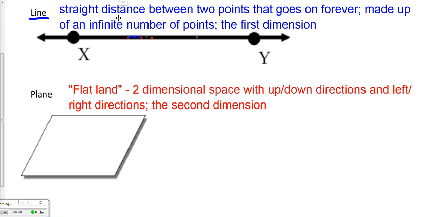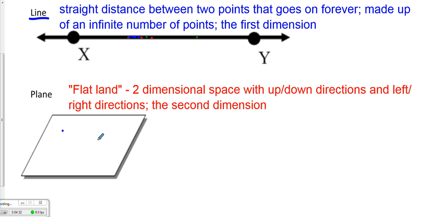The difference between a real plane and a piece of paper is that a plane goes on forever. It's not going to stop at these edges like this piece of paper looks like. This would technically be a flat space that goes on everywhere upwards and downwards, and left and right as well. That would be a plane. It's the full flat land for you to be on.